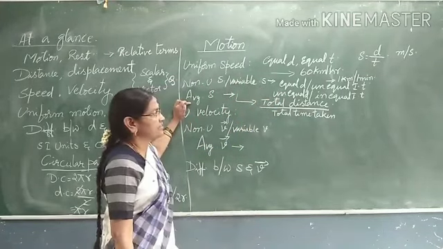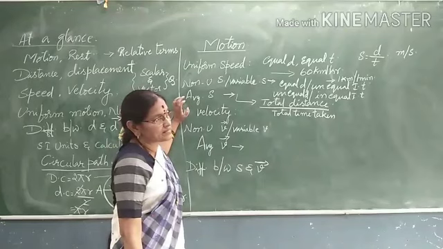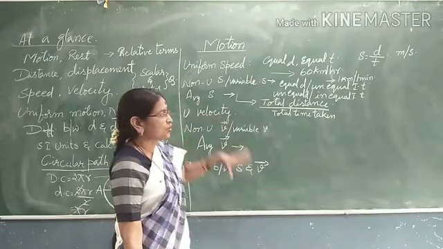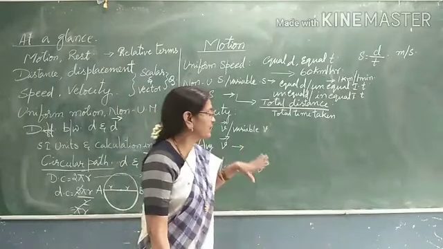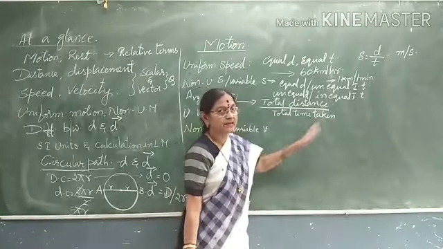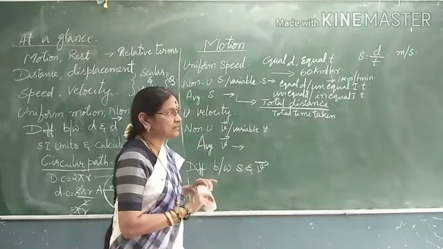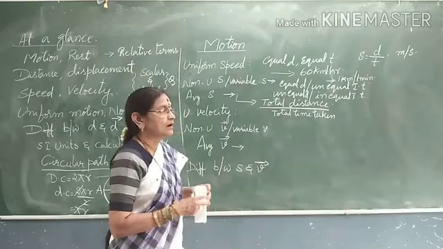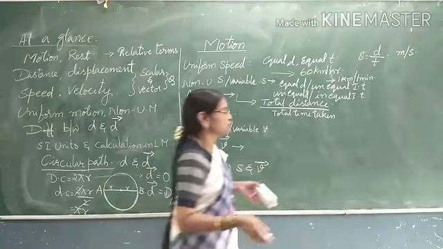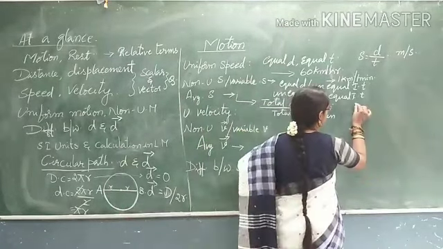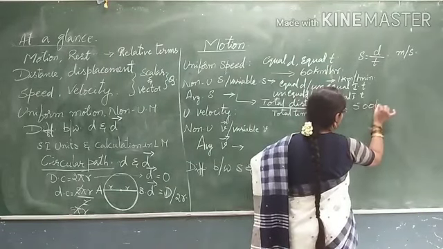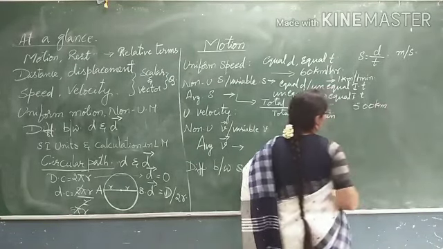Now coming to the average speed: the total distance covered by a moving object in its total travelling, divided by the total time taken. Suppose the distance between Delhi to Agra is 500 kilometers. What is the time taken?